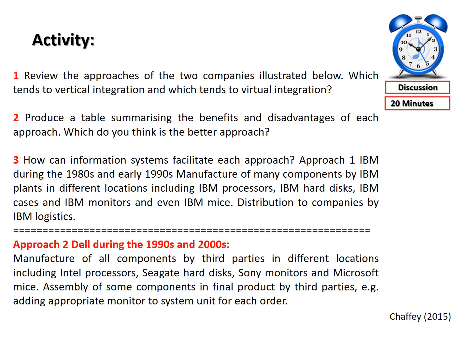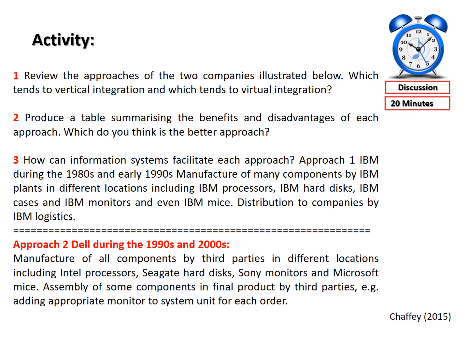Approach 1, IBM during the 1980s and early 1990s. Manufacture of components by IBM plants in different locations, including IBM processors, IBM hard disks, IBM cases, IBM monitors, and even IBM mice. Distribution to companies by IBM Logistics. Approach 2, Dell in the 1990s and 2000s.